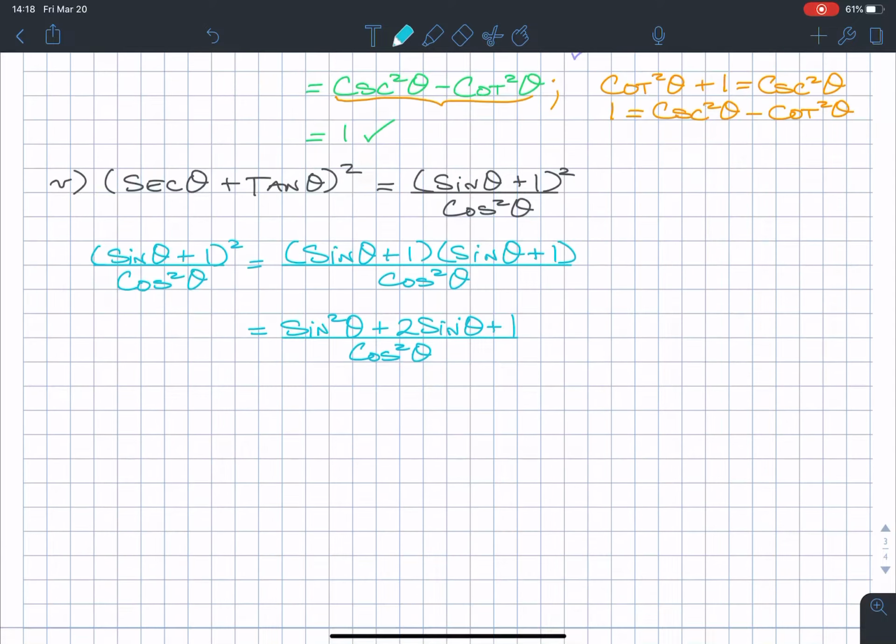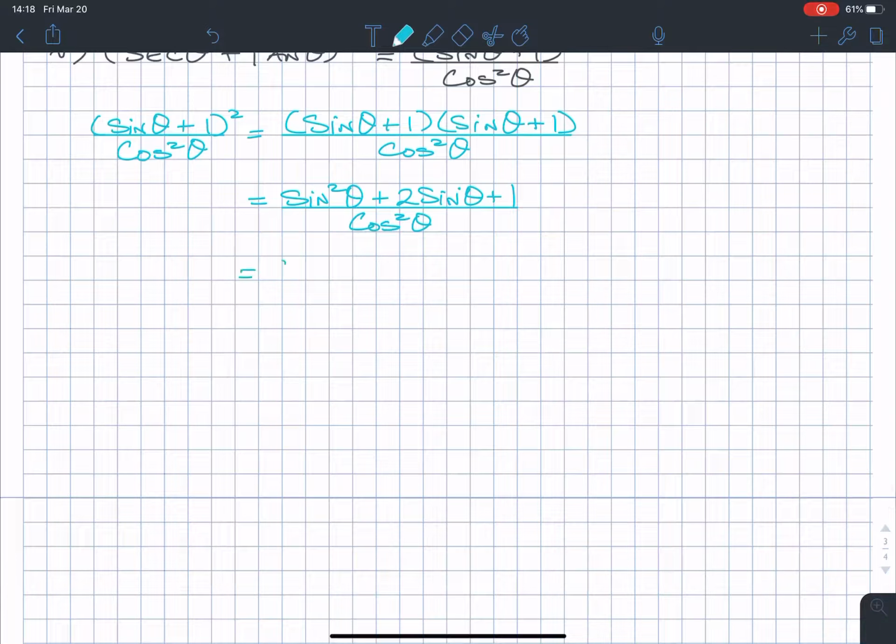Okay, so I'm going to break this up into sine squared theta, because it's a common denominator, that cosine squared theta belongs to everything in the numerator, over cosine squared theta, plus 2 sine theta divided by cosine theta times cosine theta, that's what it means to be squared, plus 1 over cosine squared theta.